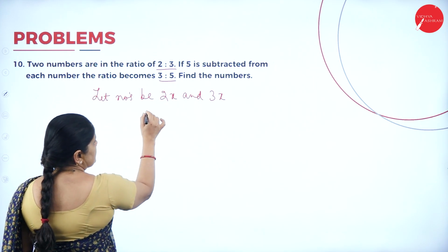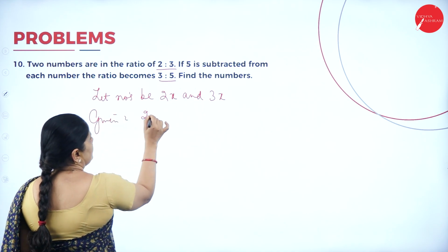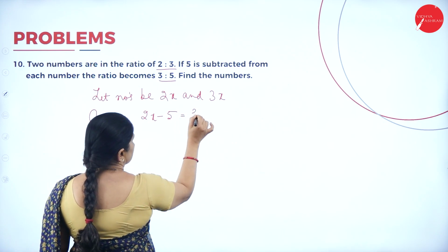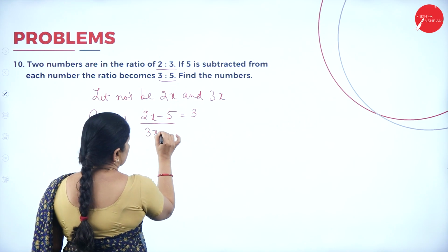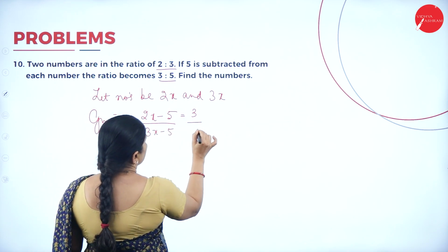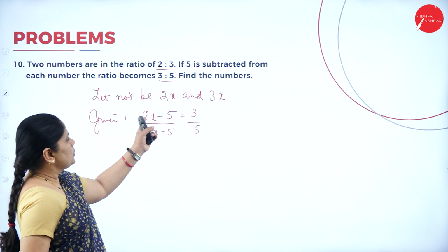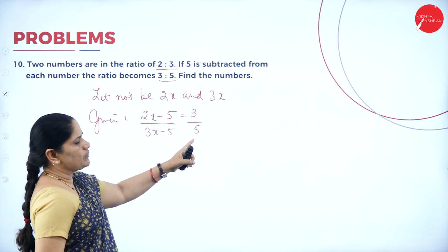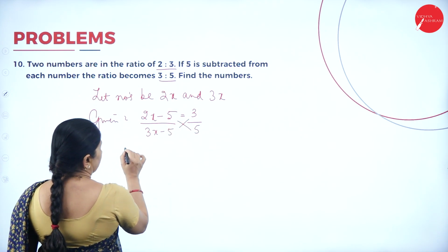If 5 is subtracted, 2x minus 5 over 3x minus 5 equals 3 by 5. So, 2x minus 5 is to 3x minus 5 is 3 is to 5. Now, we cross multiply.